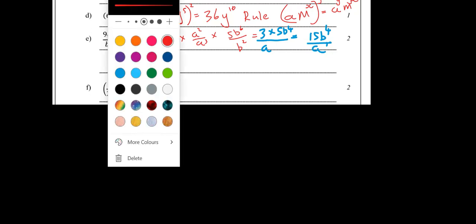Okay, let's do this nasty one. Let's use a nice big bold red for this. Okay, so this is going to be 25 all over 4x to the 6 multiplied by 4 all over x cubed.